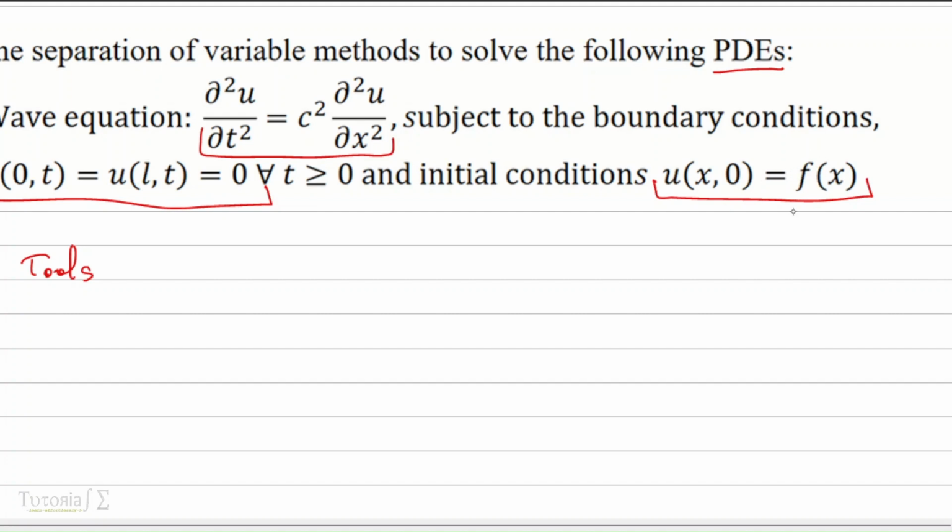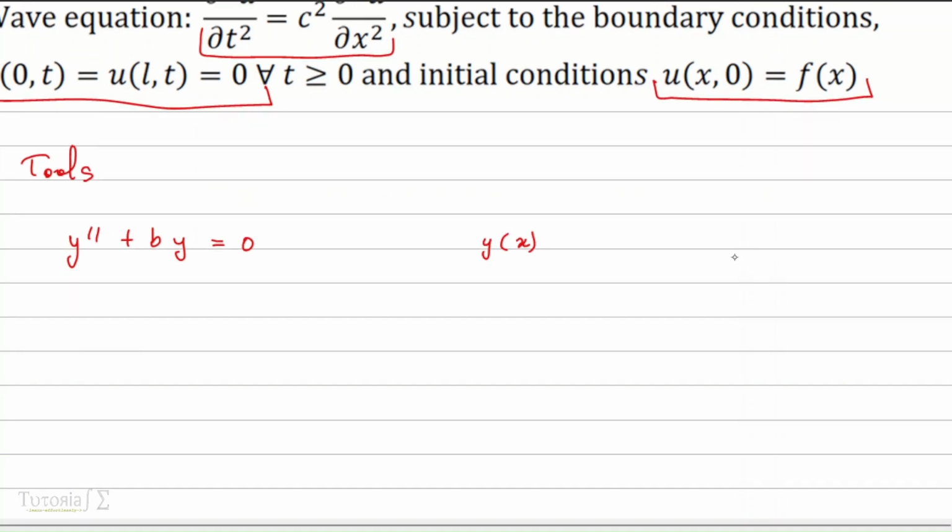But the tools that we're going to use, first of all, is if you have a differential equation of the form y double prime plus some constant b times y equals 0. This y could be a function of x, similar to what we've seen.